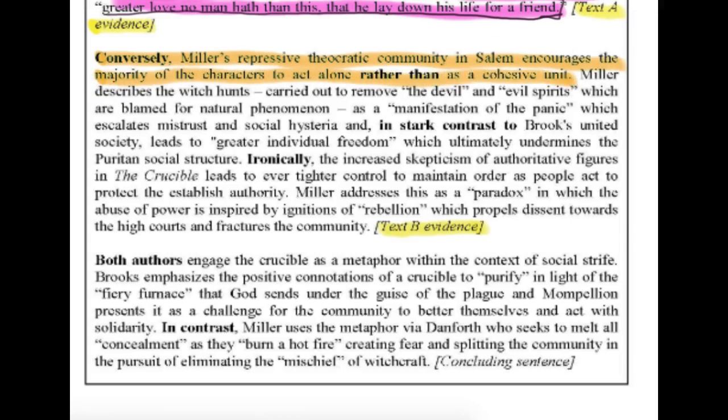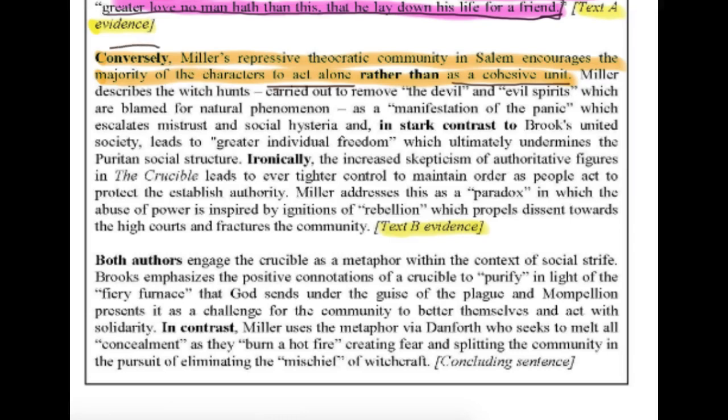So if we look at this particular part, "conversely, Miller's repressive theocratic community in Salem encourages the majority of the countries to act alone rather than as a cohesive unit." So here, act alone rather than as a cohesive unit. So we're linking back to the topic sentence. It will divide some communities, it will unite some other communities.